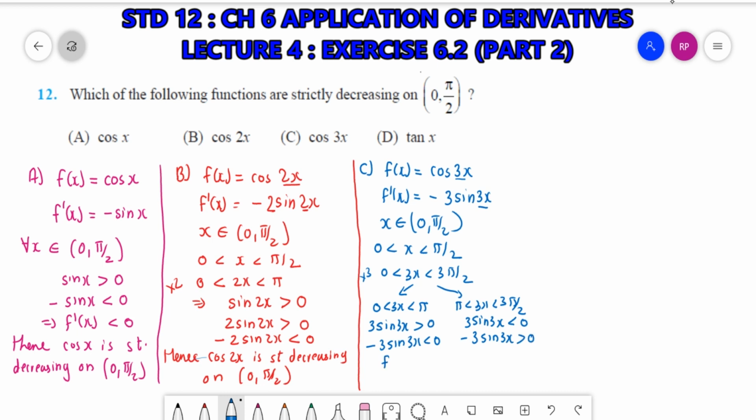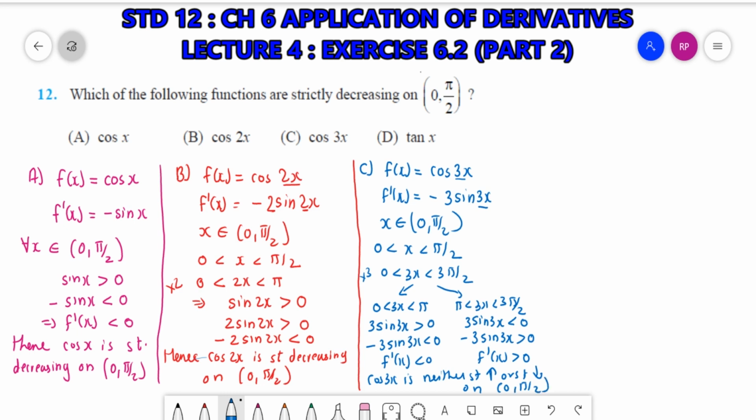So in this, f dash x is less than 0, and here f dash x is greater than 0. So in 0 to pi by 2, in some portion it will be increasing and in some decreasing. So I will say that cos 3x is neither strictly increasing nor strictly decreasing on 0 to pi by 2.